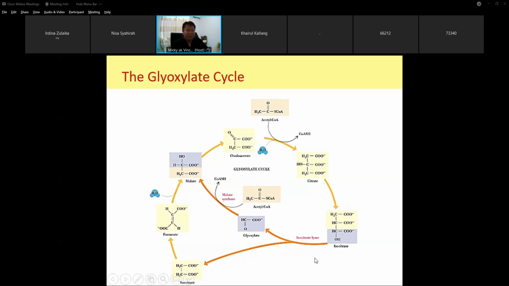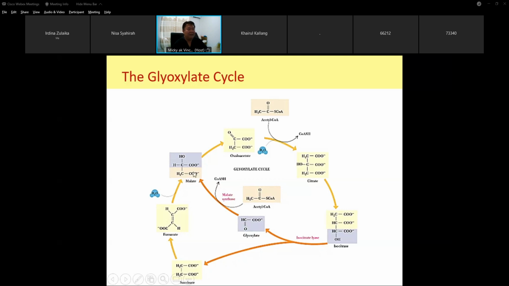Basically in the seed, dalam biji benih, they try to conserve so that no carbon is lost. So the carbon will be maintained in the seed in the form of glyoxylate. 2 carbon again, but it will combine with acetyl CoA to form 4 carbon of malate.